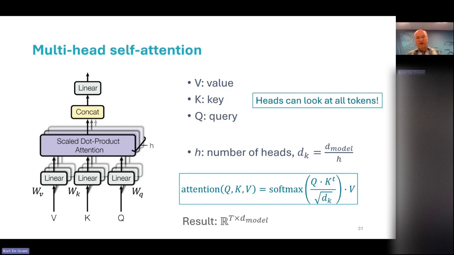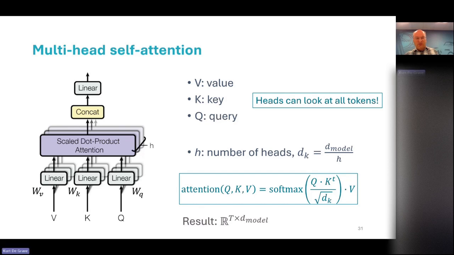The result of attention is softmax of the query times the key. So we compute the dot product of query and key, with the key for all possible tokens, divided to keep things in the right order of magnitude. This vector is softmaxed, and then it's multiplied by the value.